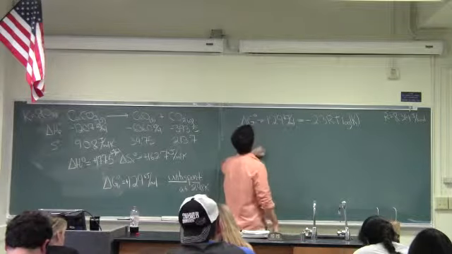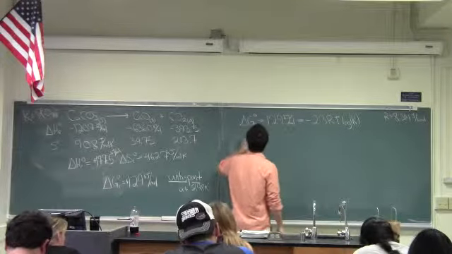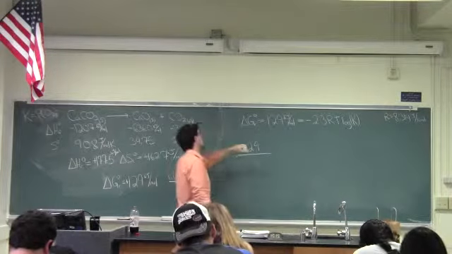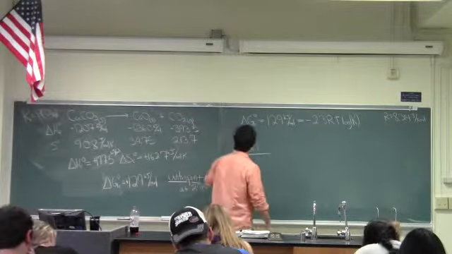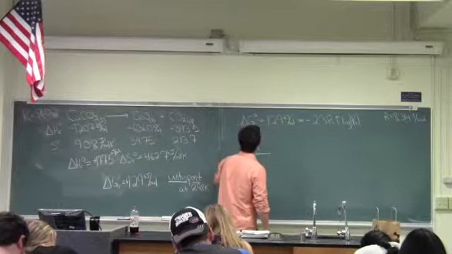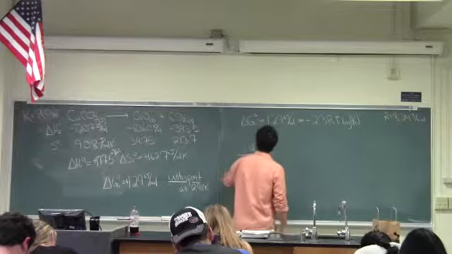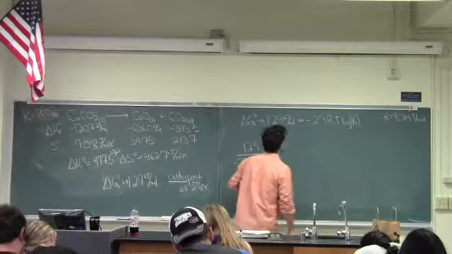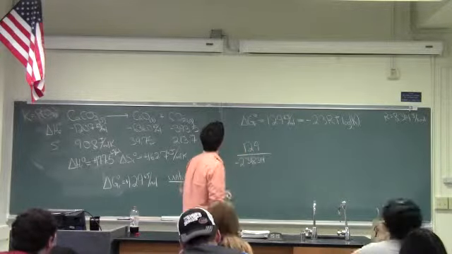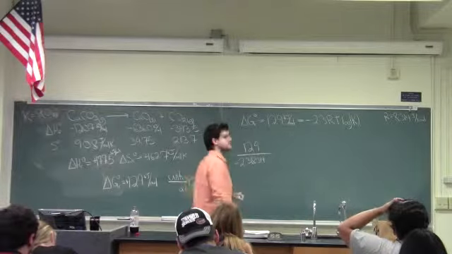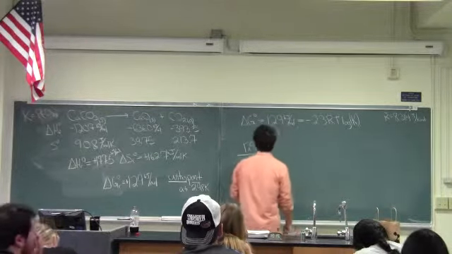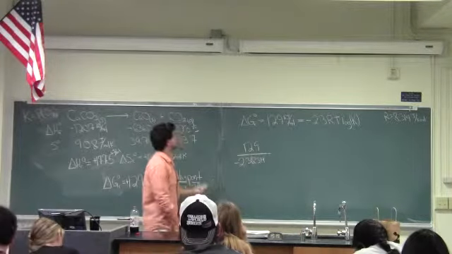So, I see 129 divided by negative 2.3 times 8.314. Should you convert 8.314 to kilojoules because delta G is in kilojoules and R in joules? Why do that to me? Now, you can do it either way, doesn't much matter.